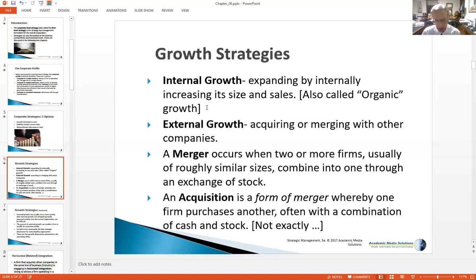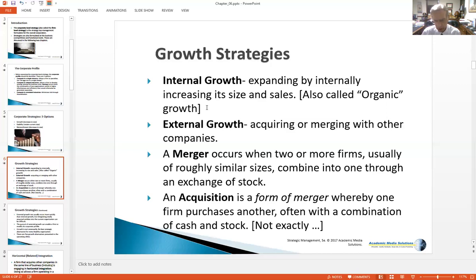Another possibility is to merge. And really, it's just another form of external growth. And that's why sometimes I have a little difficulty with Parnell's words here. A merger occurs when 2 or more firms, he says usually of roughly similar sizes. We'll take that one with a grain of salt.